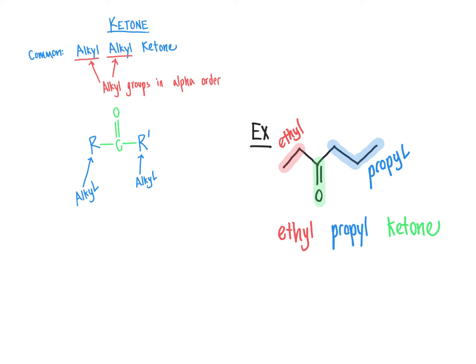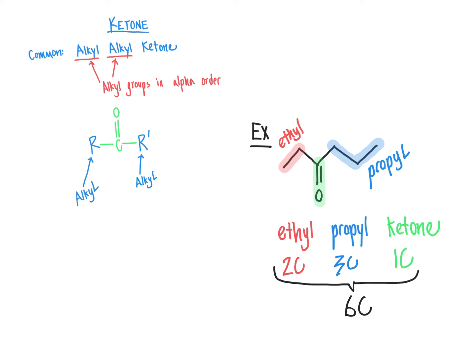And so ethyl propyl ketone: the ethyl group has 2 carbons, the propyl group has 3 carbons, the ketone group, as the last part of that name, has 1 carbon, and so the grand total number of carbon atoms would be 6 carbons.